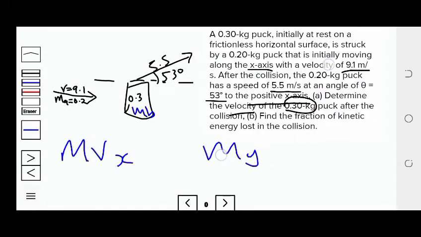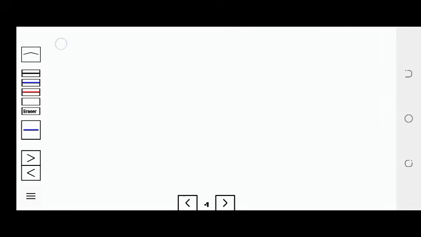Okay, so lastly, we just need to calculate the fraction of the kinetic energy that was lost in the process of collision. So all we have to do is calculate the kinetic energy before and the kinetic energy after. Having the after and the before, we'll be able to compare and see how much was lost.